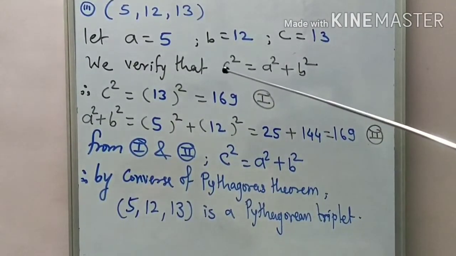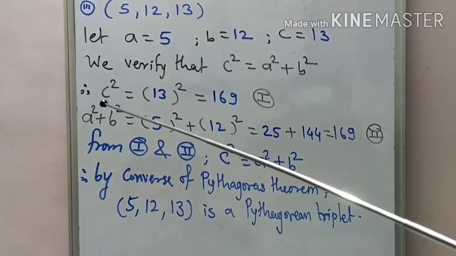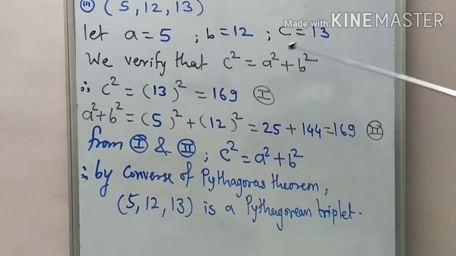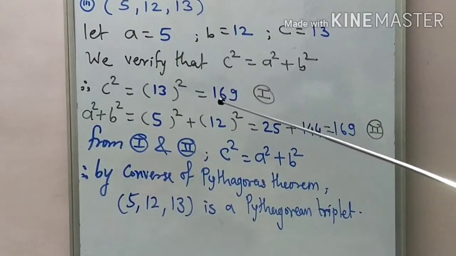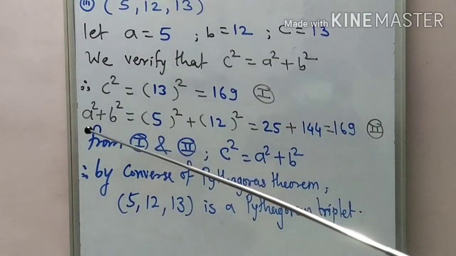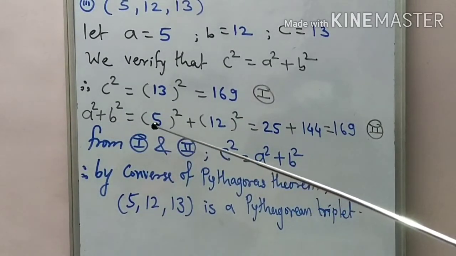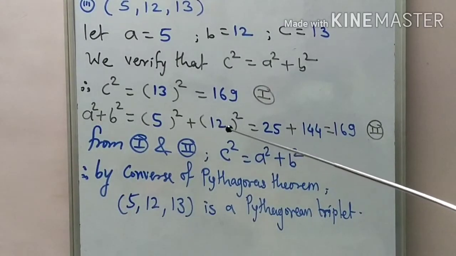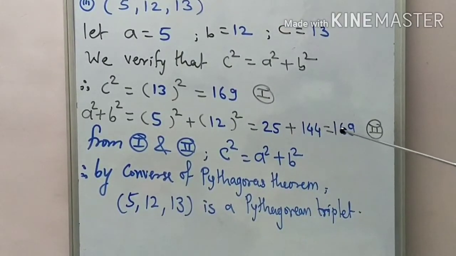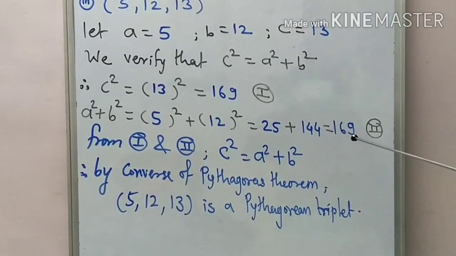Okay, and now first we are taking the LHS, the left hand side part. C square: the value of C is 13, and the square of 13 is 169. Number it as 1. And then the right hand side part, A square plus B square. As we substitute those values, the square of 5 is 25 plus the square of 12 is 144, and that addition we again get as 169.